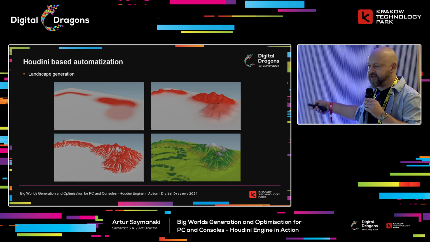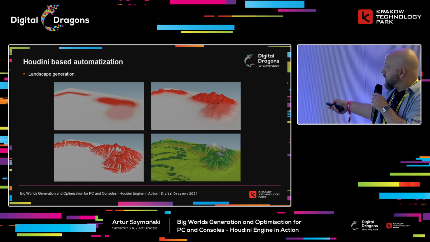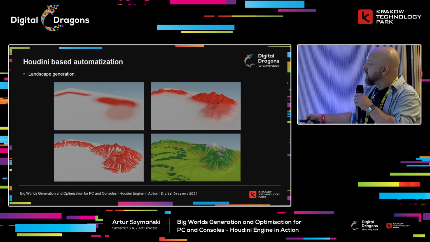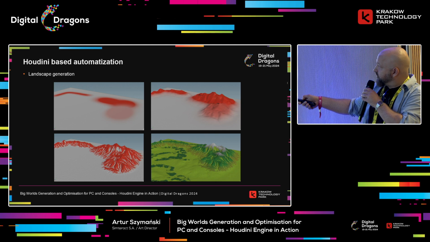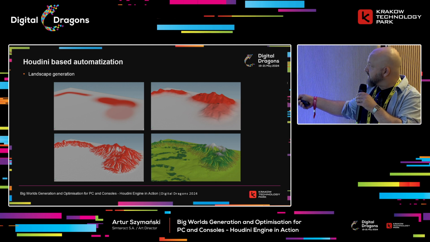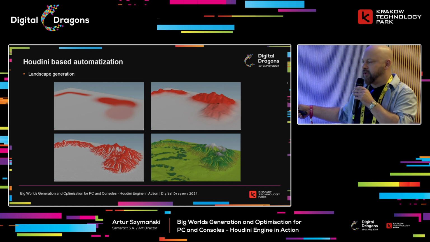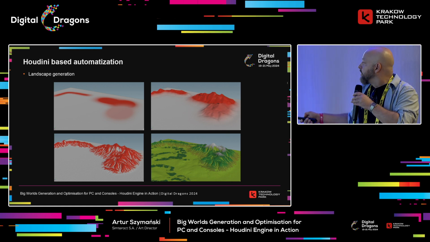Then after a couple of iterations, when we had acceptable terrain that was looking good, the actual algorithms for erosion could be implemented, and we had the final version. And while going from this to this in Houdini Engine took a couple of seconds, going from this to this part was about, I think, in the final version, about 10 minutes, so a coffee break.